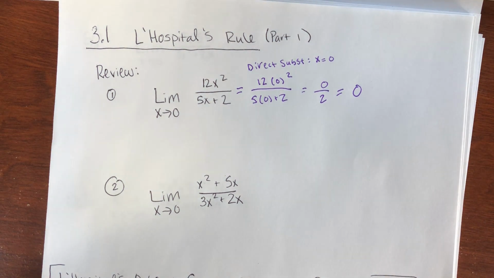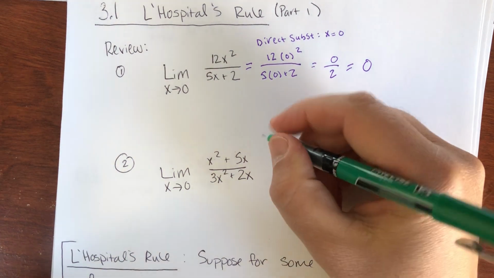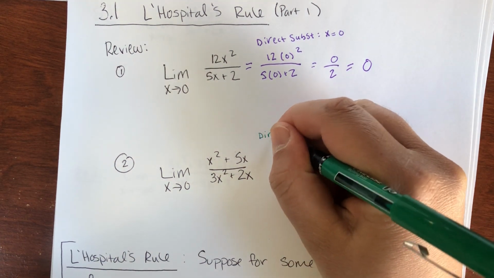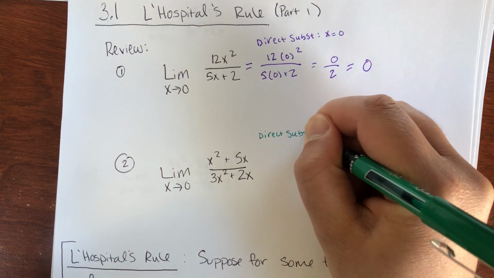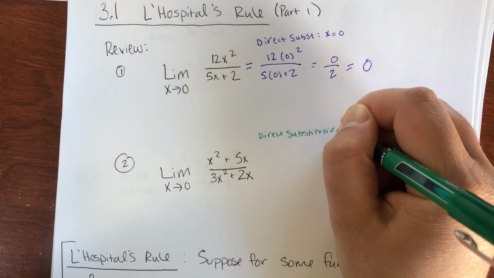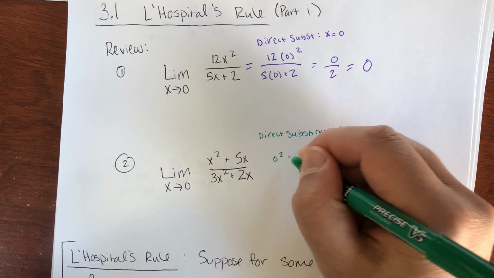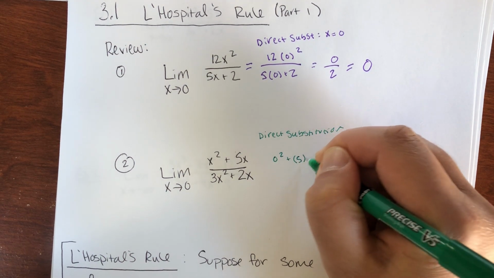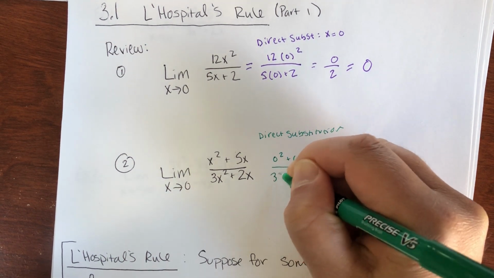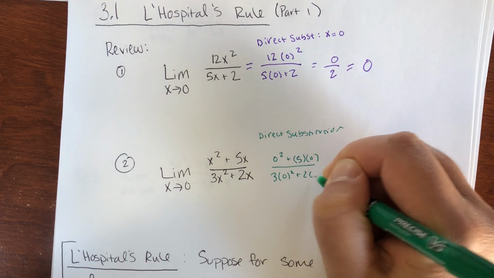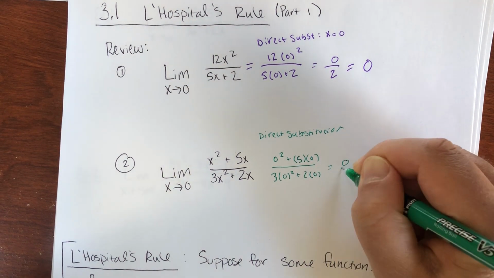But remember that a lot of the time, most of the time, direct substitution was not enough to find the limit, right? So if we tried to use direct substitution here, on top we would have 0 squared plus 5 times 0, and on the bottom we would have 3 times 0 squared plus 2 times 0. Of course, this is 0 over 0.